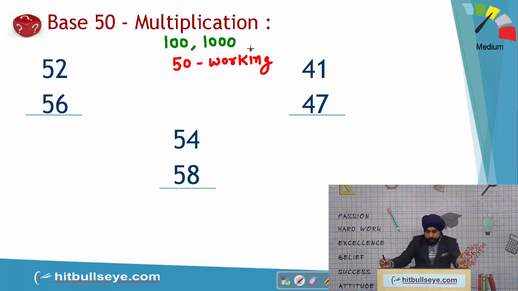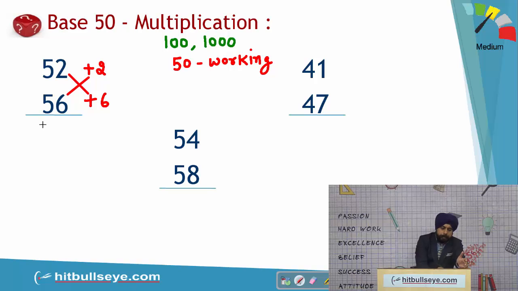So let's solve this. Now here students, 52 is 2 more, 56 is 6 more. Then what we do is the operation here, 52 plus 6 or 56 plus 2, both make it 58.